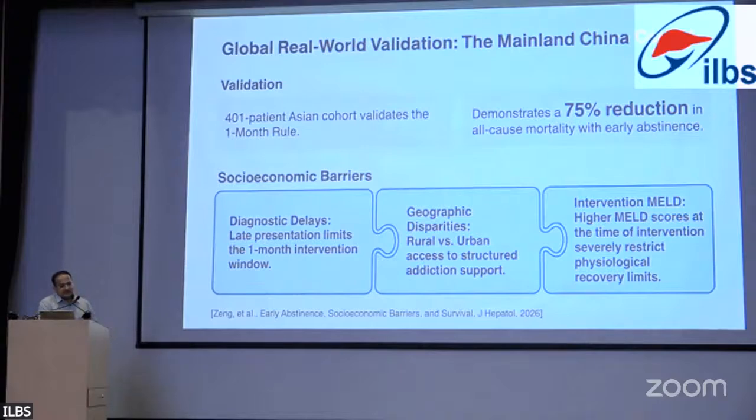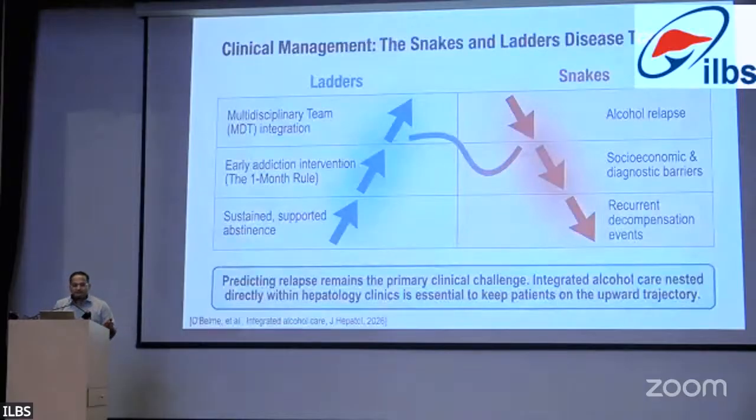The 75% reduction in all-cause mortality with early abstinence. Definitely, they have also reaffirmed the 1-month intervention window, the 1-month golden window of abstinence after the first decompensating event, is the key for long-term recompensation. And higher disease severity at the onset lowers the chances of recompensation in the long term. So the outcome in patients who have recompensated is something like a snakes and ladders game trajectory.